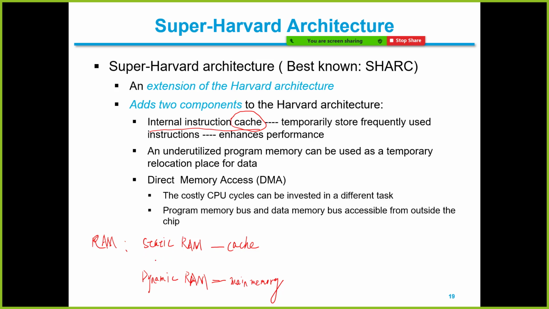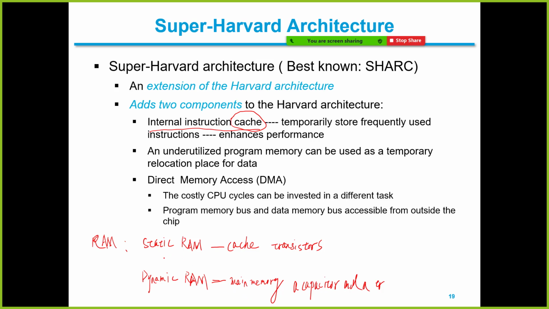For the static RAM, it is actually composed of transistors. But for the dynamic RAM, it's composed of a capacitor and one transistor, I mean for each unit, for each cell.